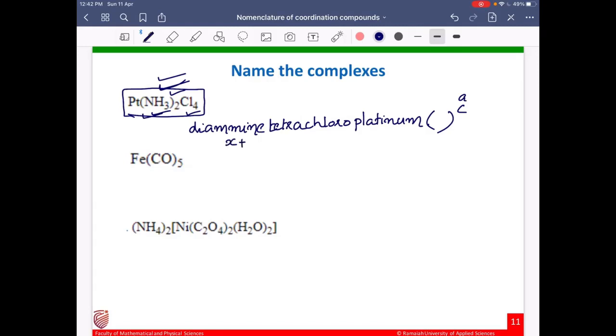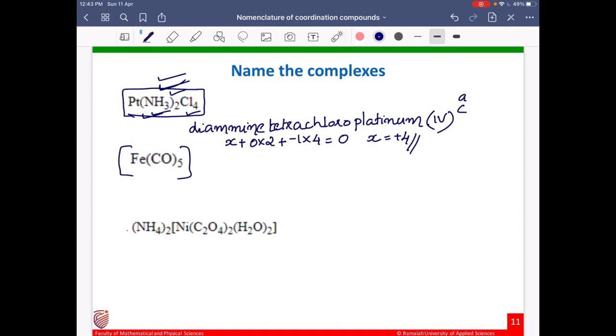I'm giving the platinum oxidation state as X. Ammonia doesn't have any charge, but chlorine has -1 charge, total 0. So X should be +4 as per the calculation. So I have to put that oxidation state after we write the name of the central metal atom, which is platinum.